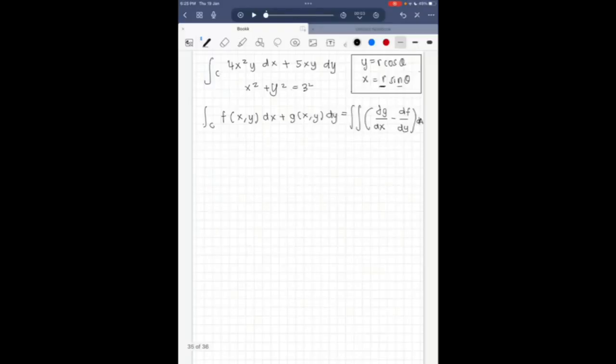Based on Green's theorem, we have made a question and calculation equation. First, we put the values into our equation according to the Green's theorem formula, and we use differentiation for the values r and d theta. So first, put in the formula, then differentiate.